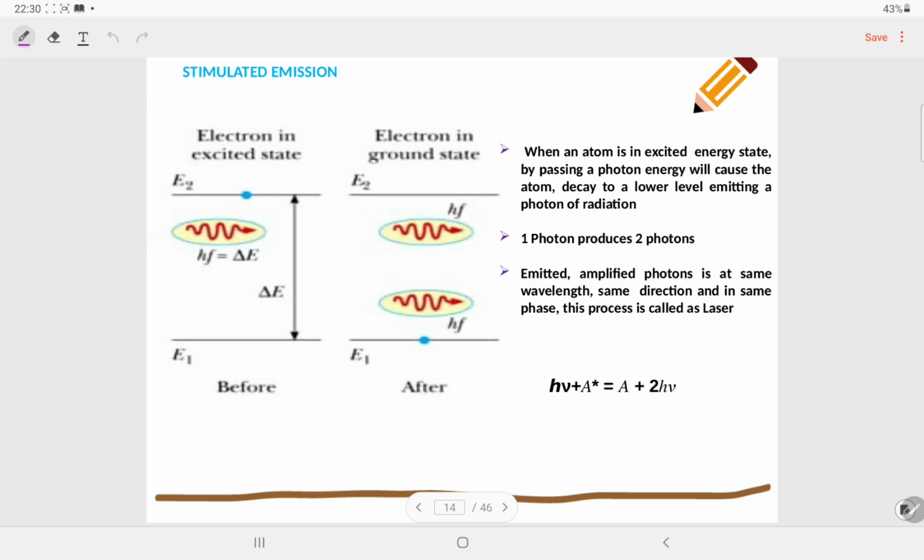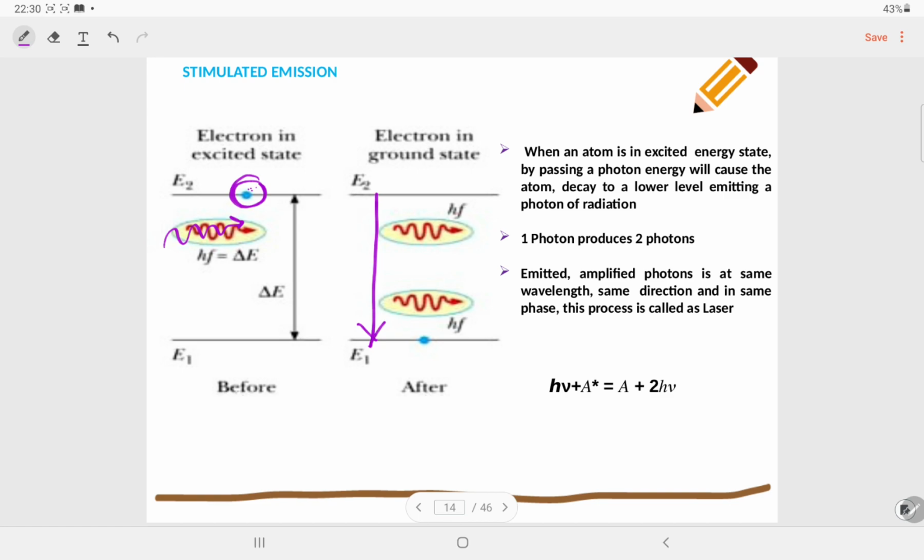Now, what is stimulated emission? Just see here, it is really an interesting process. Your atom is already in an excited state. Now some external photon is incident on the system, which is already in the excited state. This incident photon triggers the electron, which is already excited, and it makes a downward transition.